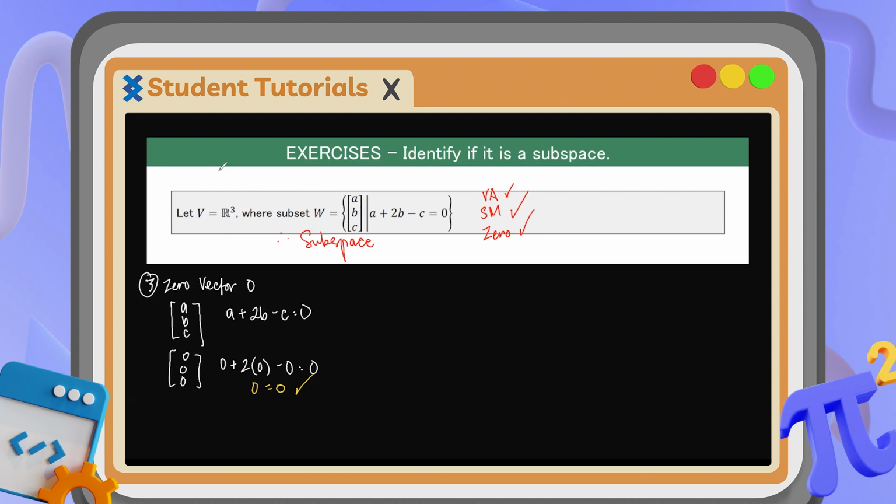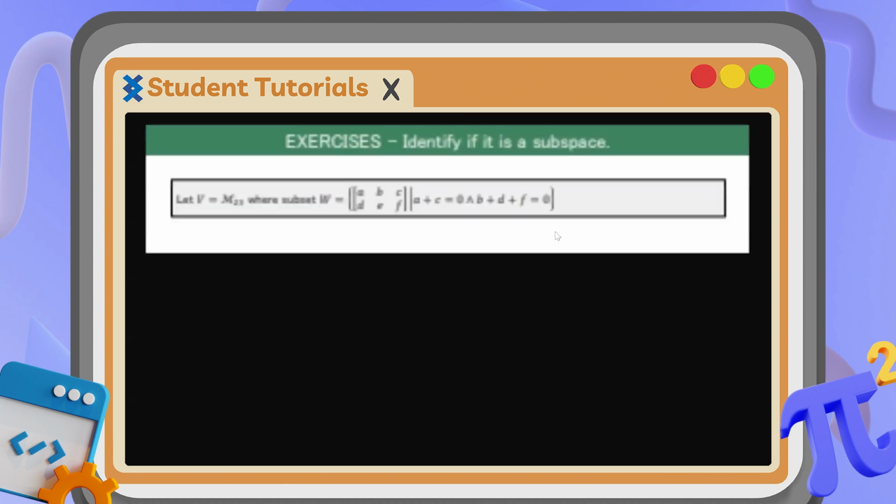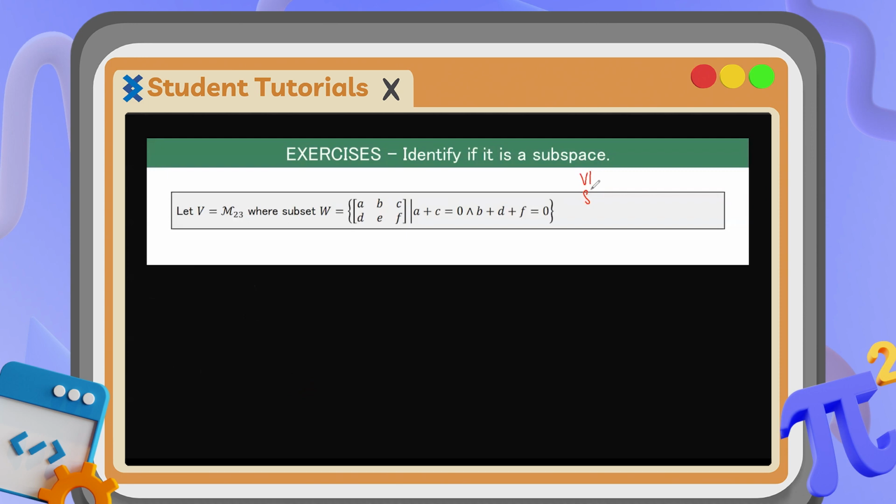So let's have another example with regards to subspaces. So here, we this time have a set of 2 by 3 matrices. So again, we need to check also the vector addition, scalar multiplication, and the 0 vector.